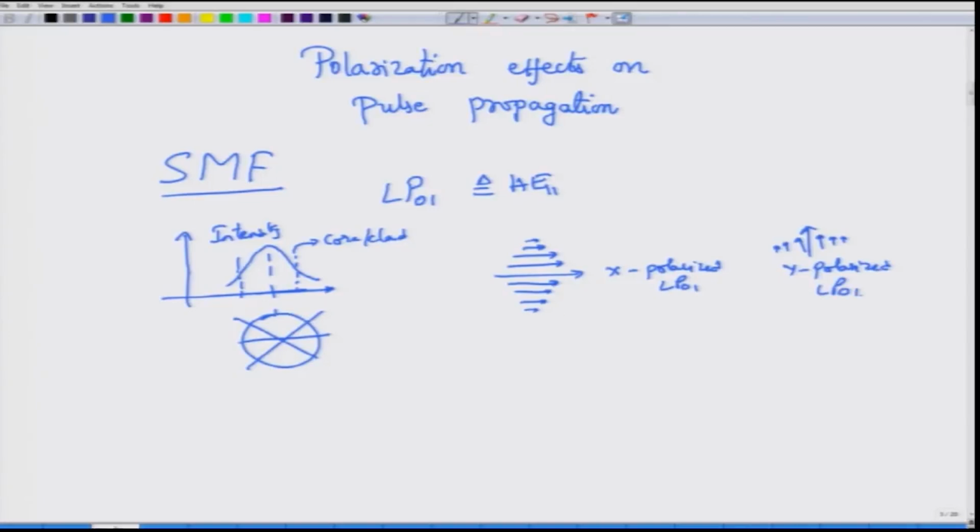So, even though you have a single mode fiber, and we say that it is single mode because you have only one mode LP01, in actuality there are two modes at LP01, and these two modes have the same value of beta, that is, the same propagation constant.